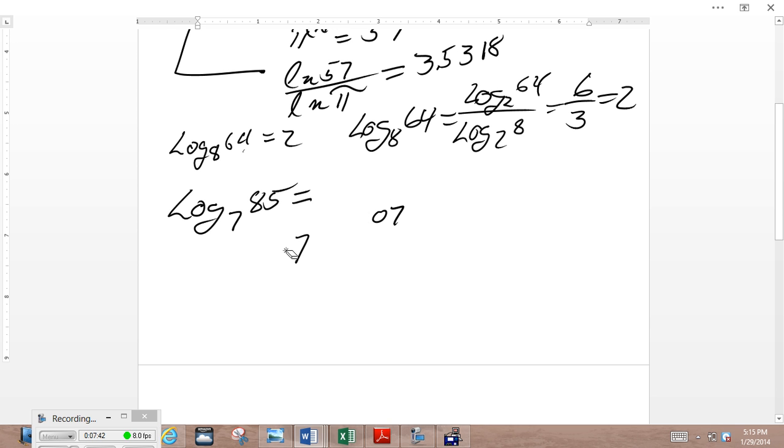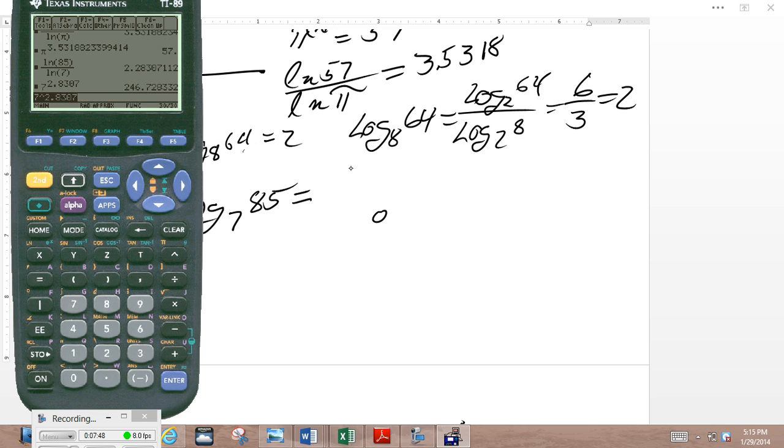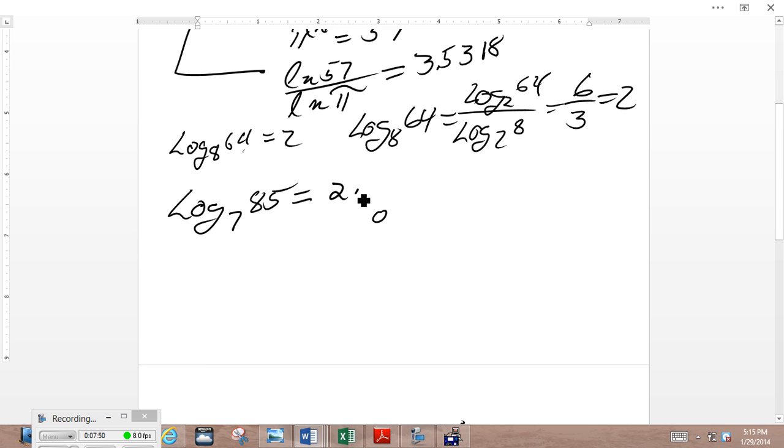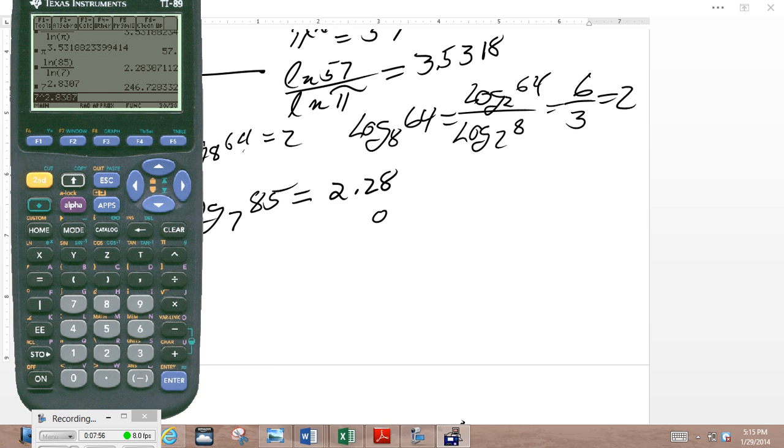Let's go back and change that, because I read that number off wrong. 2.283. So clear, 7 to the power 2.283 is close enough to 85, but again I didn't take all the decimal places, so you get the idea.